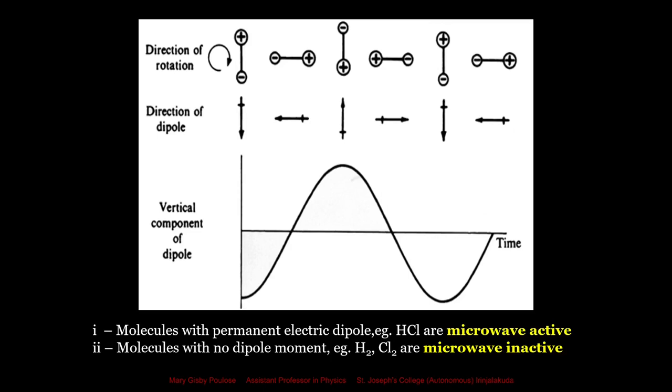So we get rotational energies only from polar molecules, only from molecules with permanent electric dipoles. So polar molecules are microwave active, whereas non-polar molecules are microwave inactive.